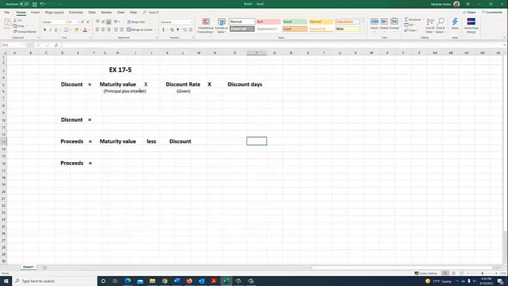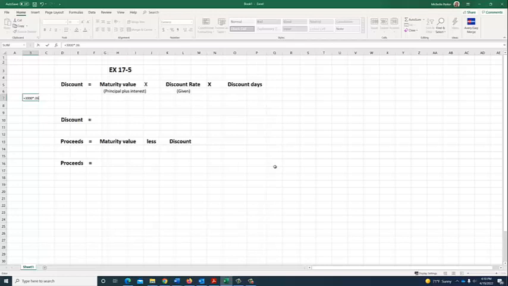Okay, the formula for the discount is the maturity value of the note times the discount rate times the discount days. And maturity value, remember, is the amount of the principal plus the interest, what the note is worth once it becomes due. So in this case, our note was a principal of $3,000, and we'll calculate the interest on it.